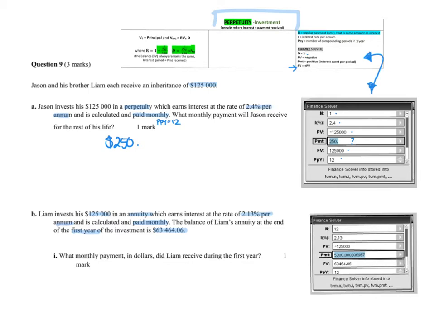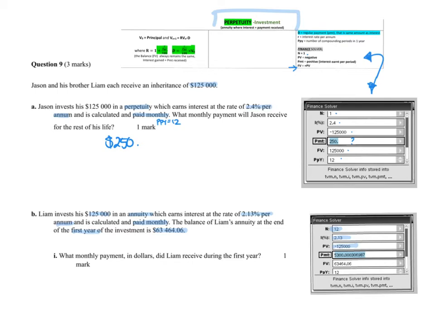So this is an annuity. So this is where his payments are slowly coming out, and the investment will diminish down to 1 eventually. So they wanted, its PPY is 12, and they want it in the first year. So you can see N is 12. The interest rate I've popped in, 2.13. Now he's still investing, so it's a negative PV. The payment is what I want to know.